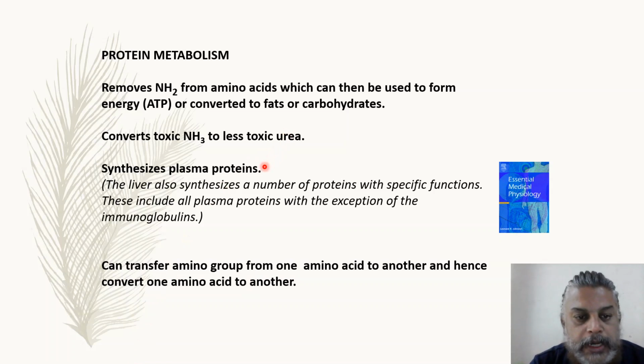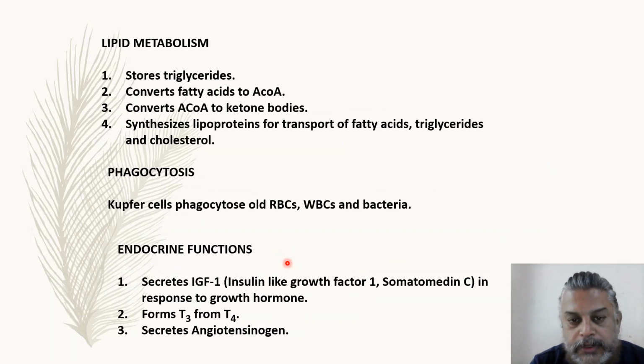It is a major site for synthesis of almost all plasma proteins with specific functions except the immunoglobulins. As we know, there are two types of amino acid, essential and non-essential amino acids. The body can make non-essential amino acids from the essential amino acids, that too in the liver cells.